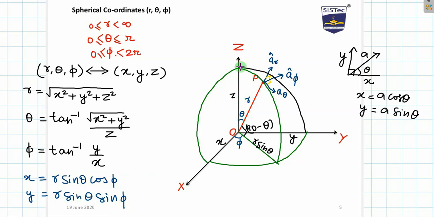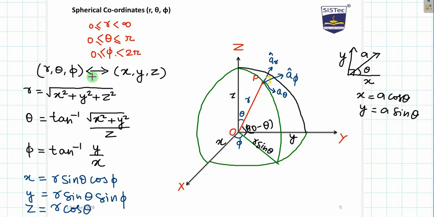And z is very simple. For z, what can we write? Z equals to this r, making theta with the z-axis, so r cos theta. So z equals r cos theta. Okay, so in this way we can have the transformation between the spherical and Cartesian coordinates.